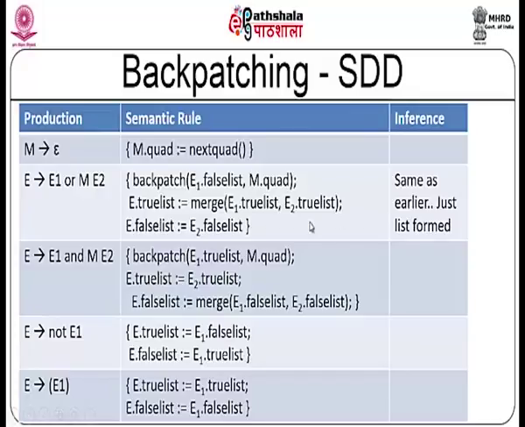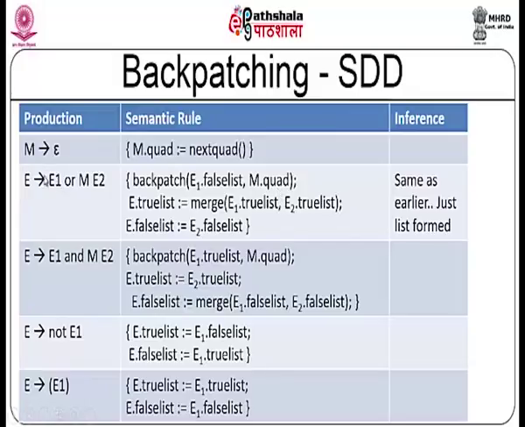Here it is no longer just true and false, it is a true list, because expression E1 could comprise a sequence of expressions. So, I will call this E1.TrueList and E2.TrueList. That will be E.TrueList, and E.FalseList will be equal to E2.FalseList. And I will finally backpatch E1.FalseList with M.Quad.